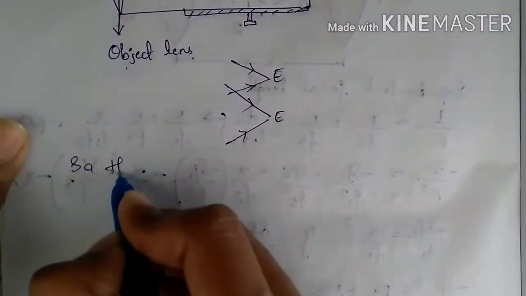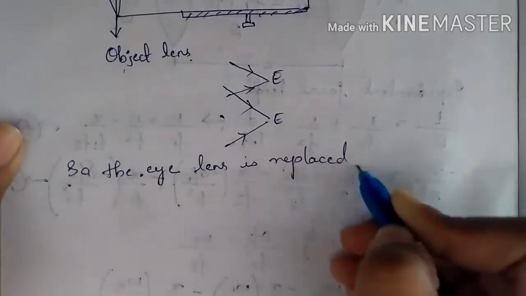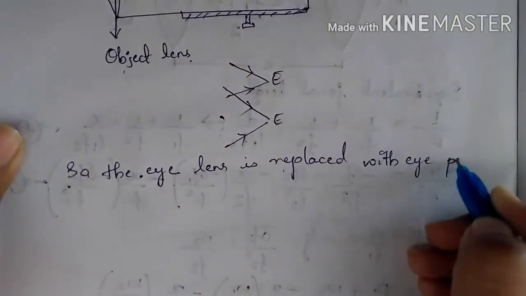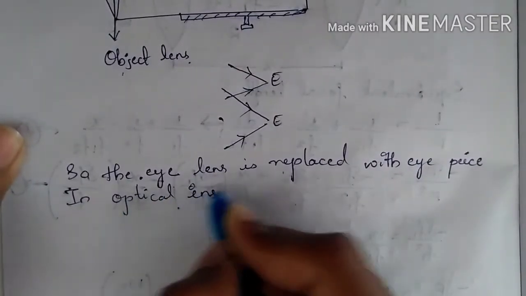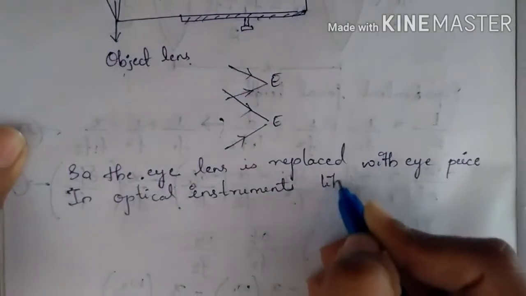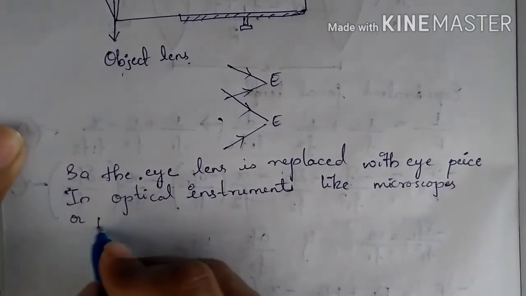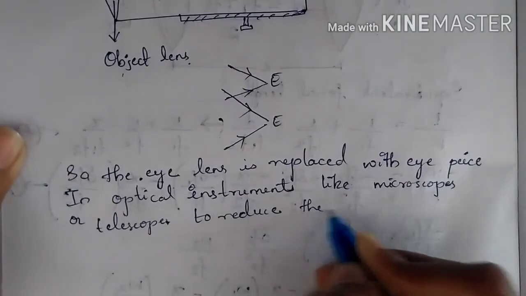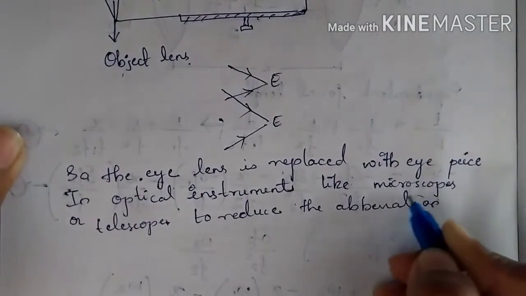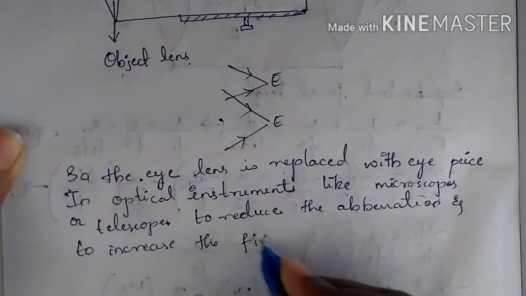So the eye lens is replaced with an eyepiece in optical instruments like microscopes or telescopes to reduce the aberration and to increase the field of view.